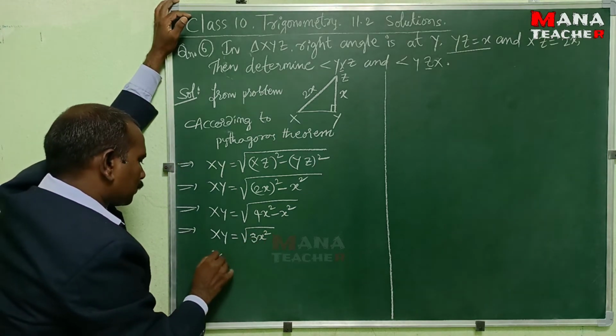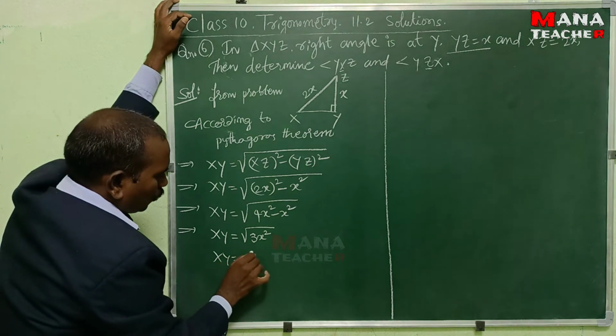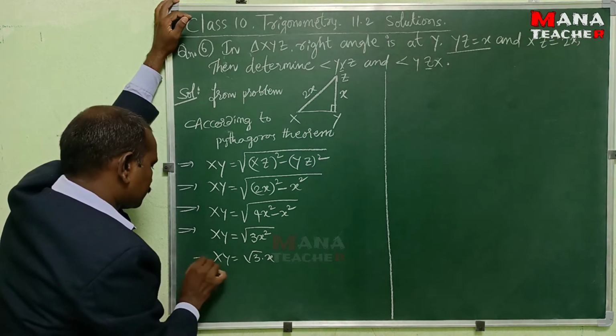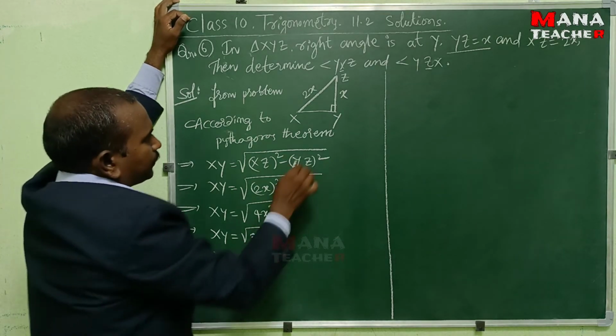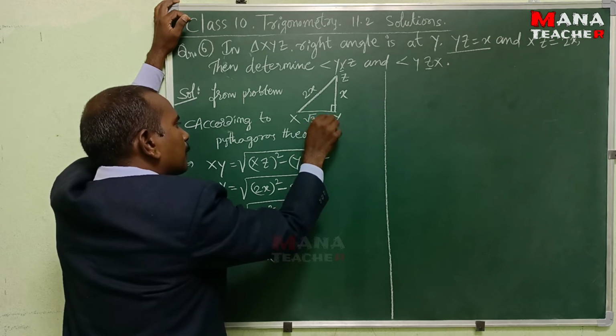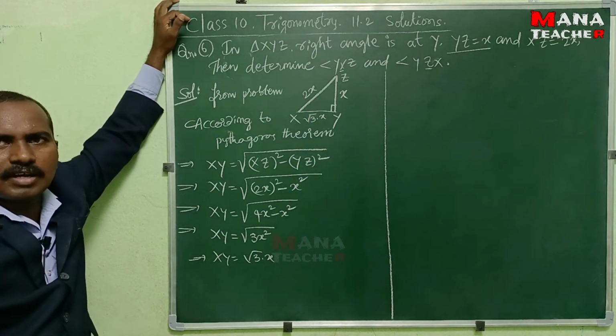So that equals root 3 x. So root 3 x is the XY value.